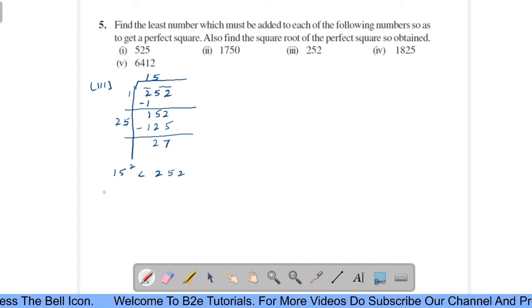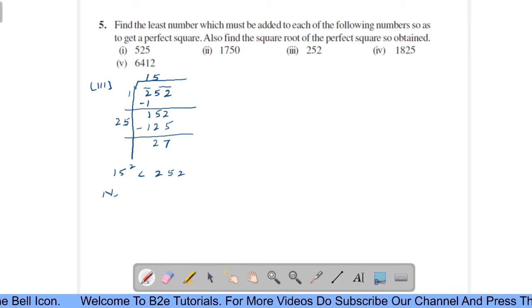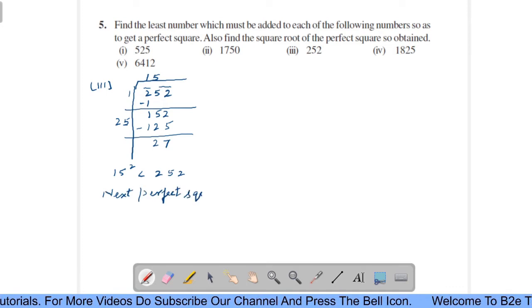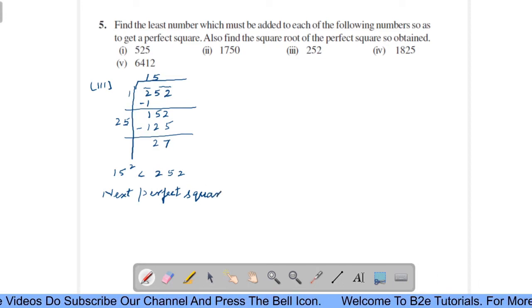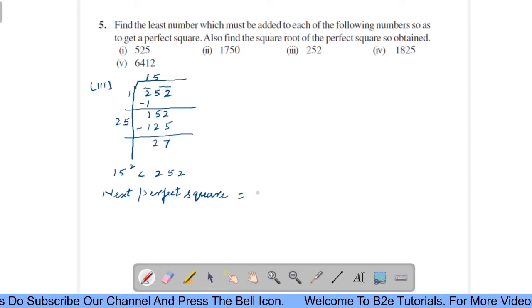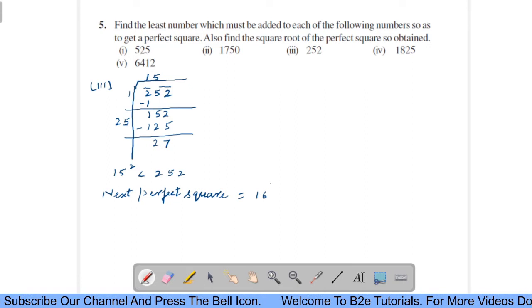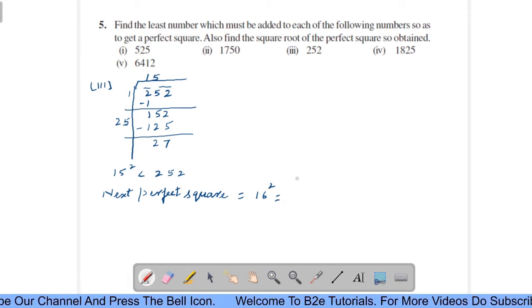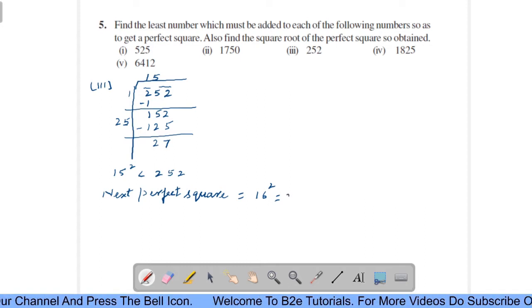The next perfect square, it is 16 square. And what is the square of 16? It is 256.